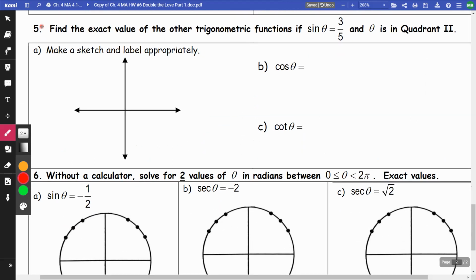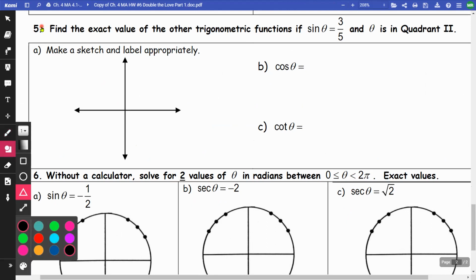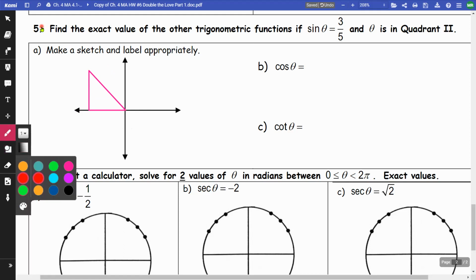On number 5, find the exact value for cosine of theta if sine of theta is 3/5 and it is in quadrant 2. Okay, so it's going to be in quadrant 2. If I'm just drawing a triangle here, and my theta is here, then for my sine, opposite is going to be 3, hypotenuse is 5.